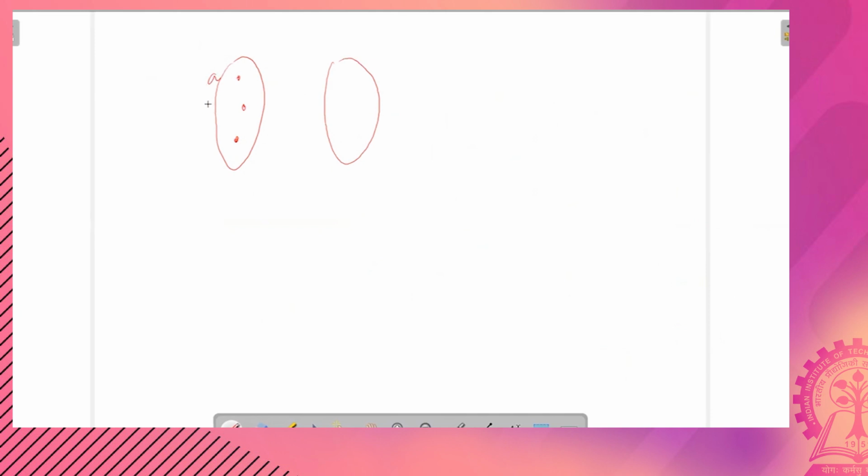You have A, B, C nodes, you have D, E nodes, and you can have something like this. So this is a bipartite graph of 5 nodes which have been partitioned into 3, 2.